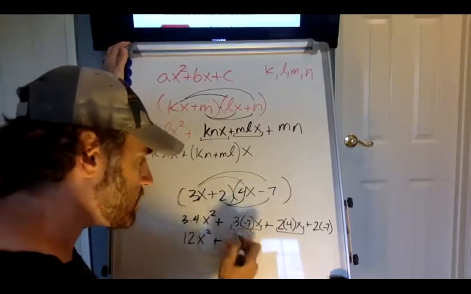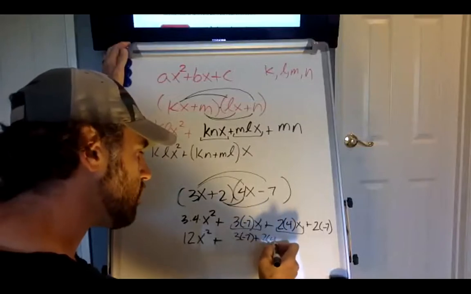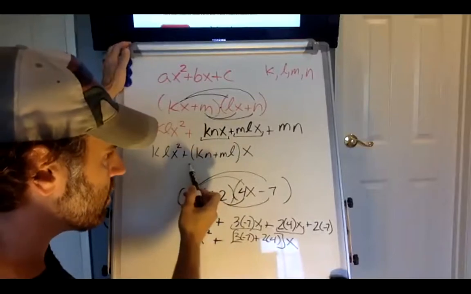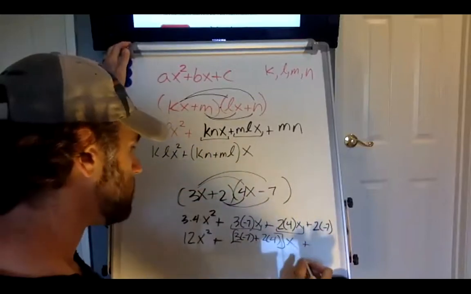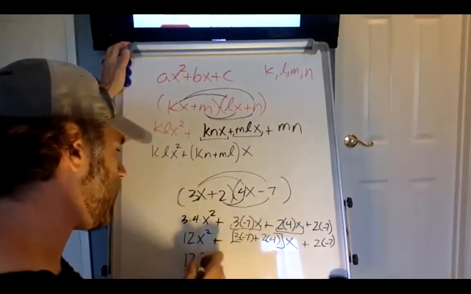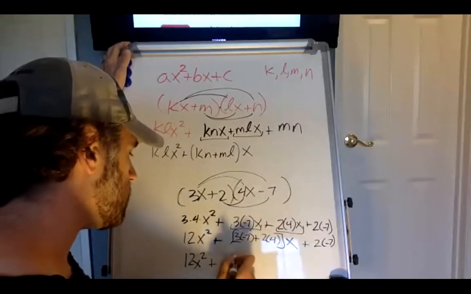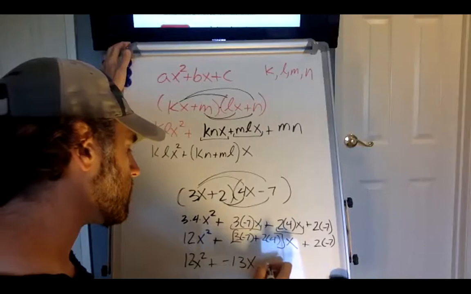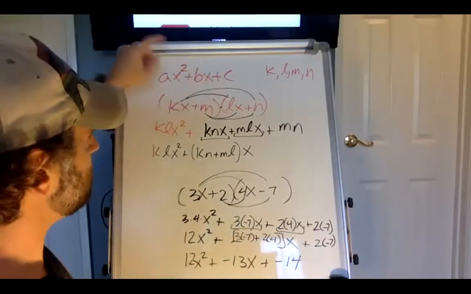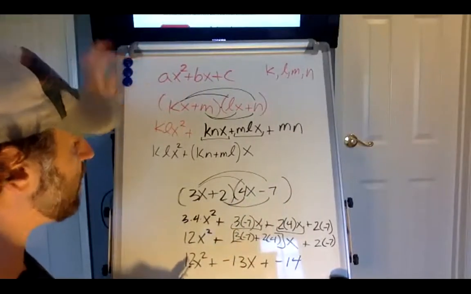So this would be 3 times negative 7 plus 2 times 4, times x. That's kind of what we did here. It should be negative 21 plus 8. And then this is 2 times negative 7. So you get 12x squared plus negative 21 plus 8, which is negative 13, x. We can leave the plus there just so that it looks like a plus, so you can see what is B and what is C. In this numerical example, you can see A is 12.